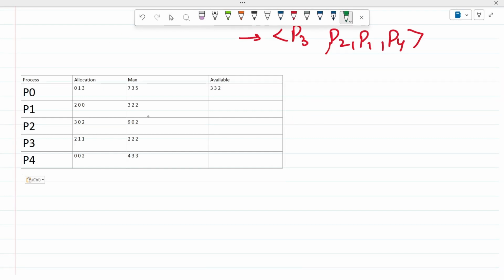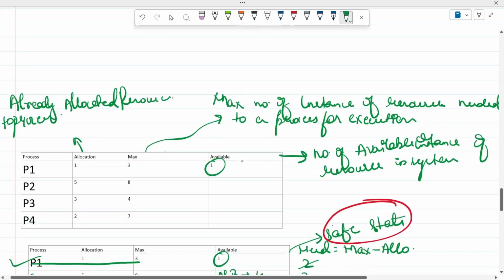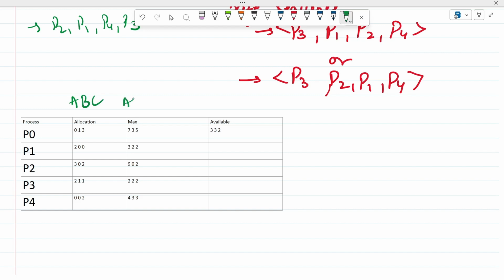When we understand this, we say the number of available instances. What does this mean? This means that more than one type of resource is available in a particular system. This means three types of resource are available, let's say A, B, C. For A type of resource, P0 has allocated 0.